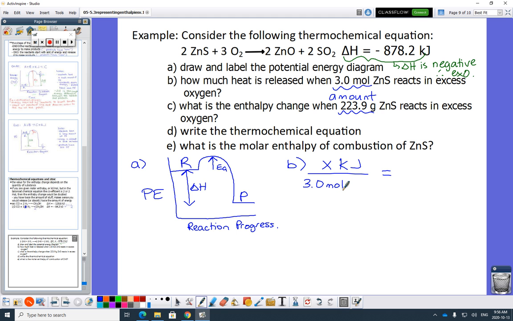I'm going to write the 0.0 so it looks exactly like the question. Obviously, that's not going to affect the math. So now we've written kilojoules on this side at the top. What has to go on the other side? Kilojoules, and we only have 1 kilojoule value. And how many moles of zinc sulfide is that for? 2.